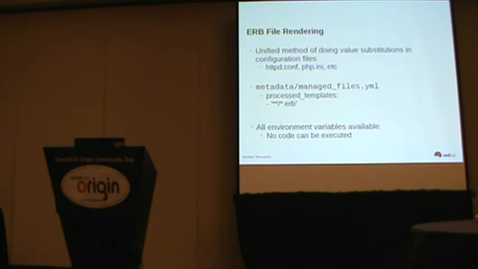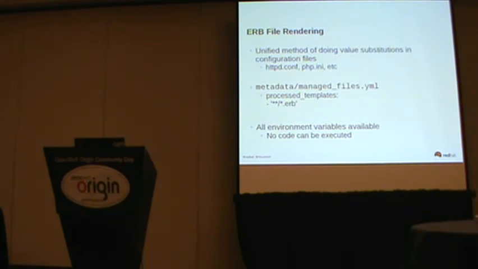So if the file is named .erb, we'll process it, and then we'll promptly delete the ERB and leave the rendered file there. Where we use this a lot in our own cartridges is HTTP conf, where you want to go through and substitute that application name, potentially the home directory, pointing at configuration files.